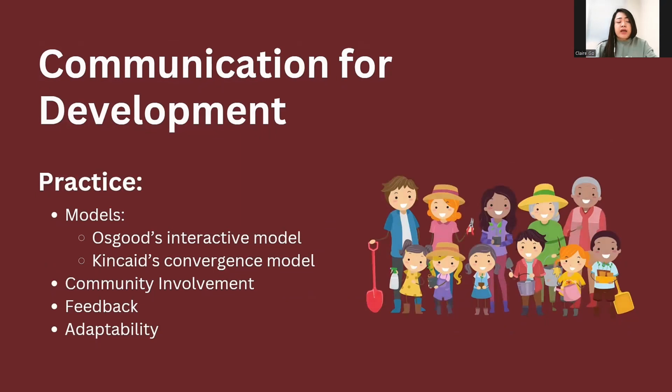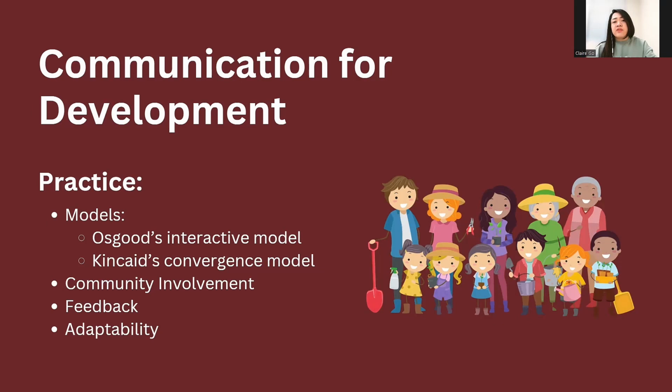Transitioning from theory to practice, let's go into how communication for development unfolds in real-world scenarios. We'll examine two influential models. First is Osgood's interactive model. It illustrates the dynamic interplay between encoding and decoding, emphasizing continuous interaction. The second one is Kincaid's convergence model, highlighting the mutual understanding achieved through dynamic participant interactions.